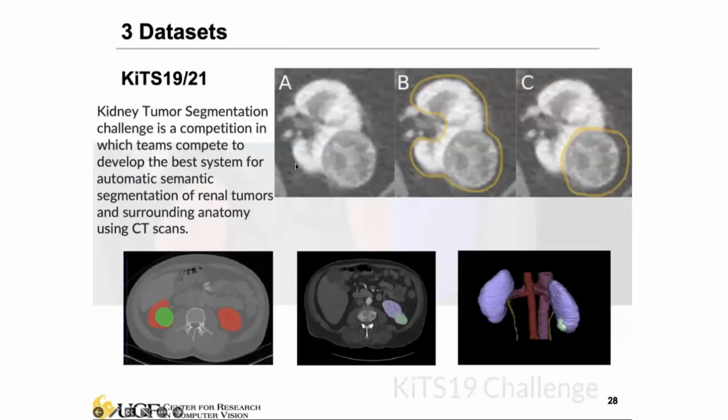And this is the example for kidney tumor segmentation. I think I showed you in one class, using the software, these kidney CT scans from 3 different views and the corresponding kidney tumor. So the green one indicates the tumor region. Okay.